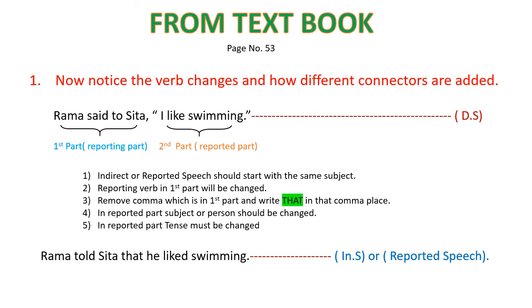Observe the fourth rule: in the reported part, the subject or person should be changed. In indirect speech, I changed into he. Why he? Why not she? Because here Rama said to Sita, so Rama is the subject. The first rule: indirect or reported speech should start with the same subject.